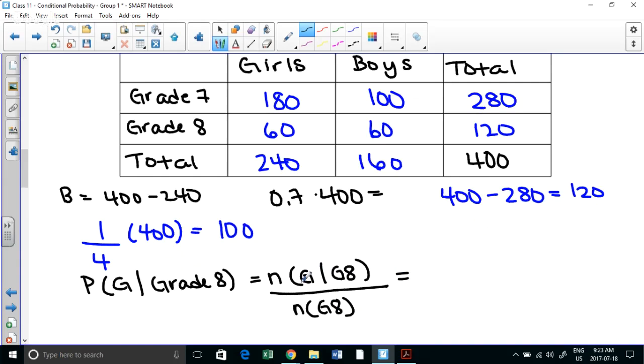So what is the intersection of girl and grade 8? Well, girl and grade 8 is 60. How many grade 8s are there? There are 120. So this is 1/2 or 50%.